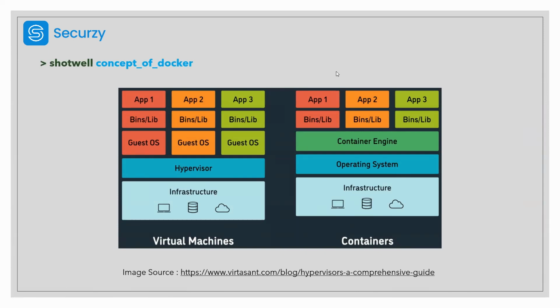The concept of using Docker here is about the use of resources on your host machine. If we talk about the containerization system, the main change is the operating system. We are not installing multiple operating systems here.